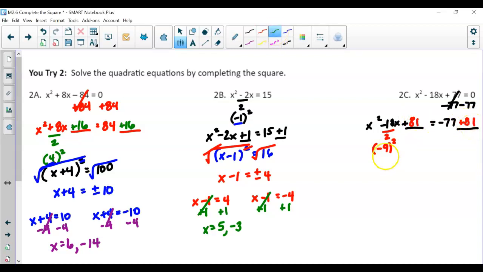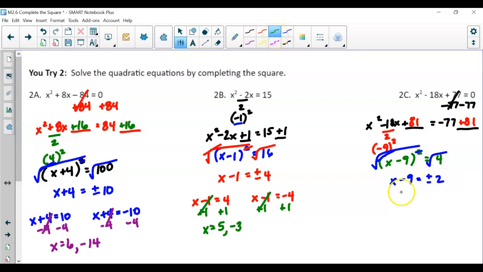So now you can write this as a perfect square, which in this case is x minus 9 times itself, is equal to 4. Now we can solve. Take the square root, canceling out. x minus 9 is equal to plus or minus 2 here.